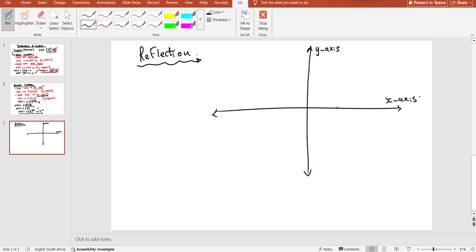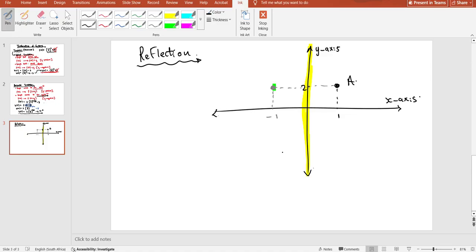So if I had a point here, which is a 1 and a 2 for y, let's say that point is A. If I were to reflect this point about the y-axis, then my new point would form this side. And where would that point be? It would be right there, where x is now -1, but y is still 2.